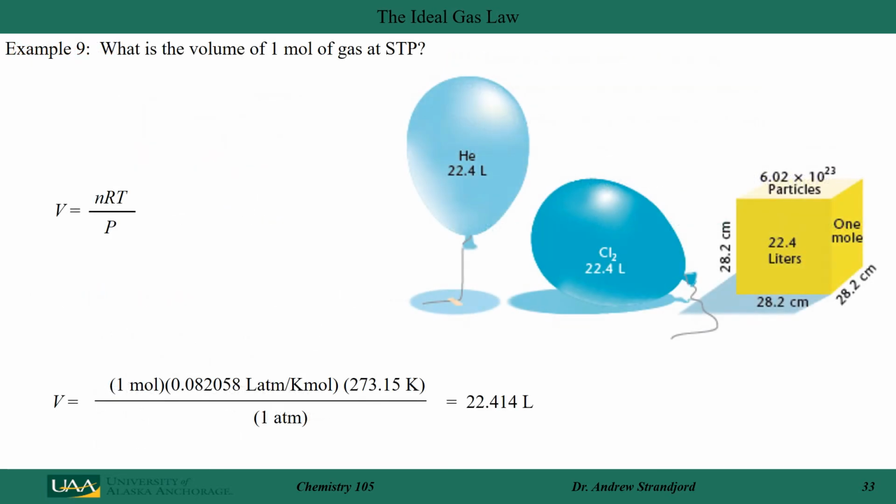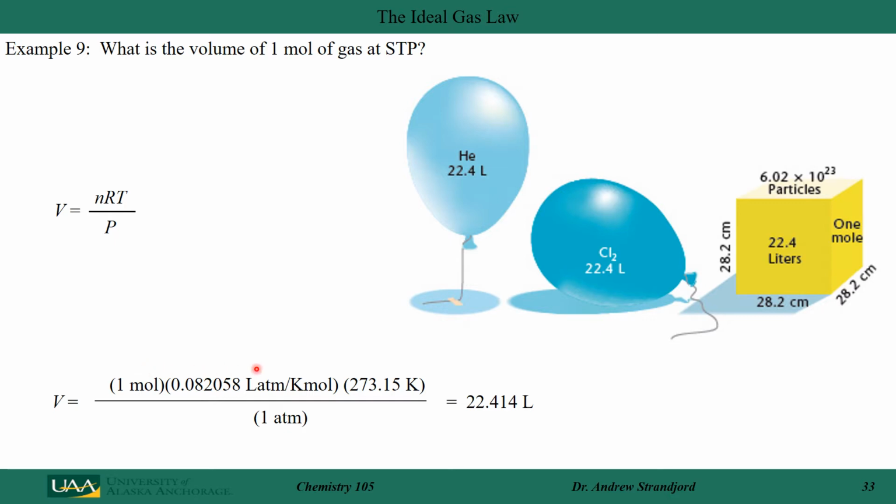Let's now use the ideal gas law to work out some problems. So in example 1, what is the volume of 1 mole of gas at standard temperature and pressure? Well, I already know that, but let's calculate it out. So I can rearrange my ideal gas law to say the volume is equal to nRT over P. N is 1 mole.